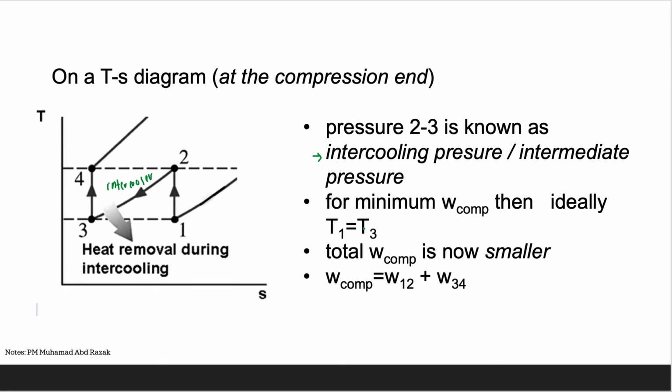So the total work of the compressor is now smaller. Since we have two compressors, W12 represents the work of the low pressure compressor, plus W34 represents the work of the high pressure compressor.